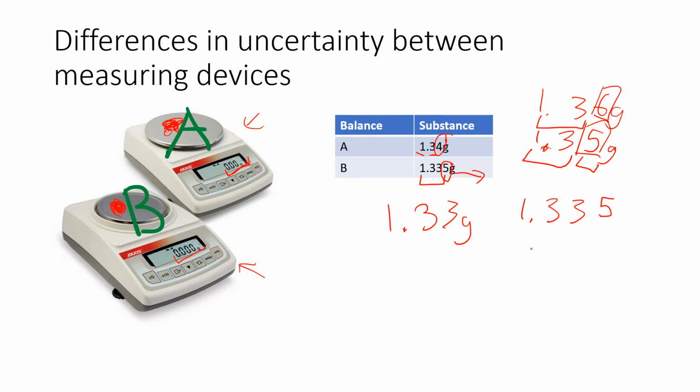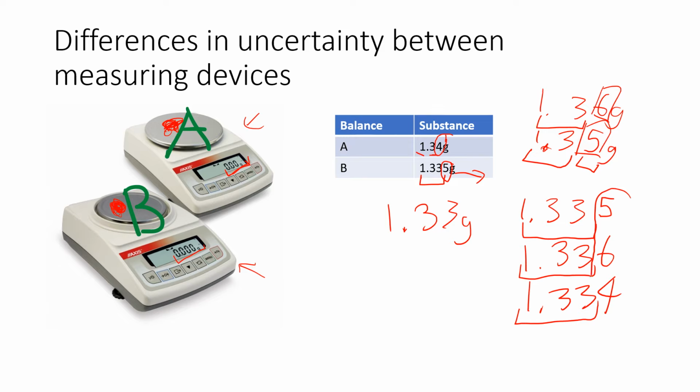Okay, now if you took another balance B and you weighed the same amount, it might come up with 1.336, 1.334. It's not sure. Okay, but it is 100% confident that it is at least 1.33 grams, and it is not confident, but it is estimating the last digit.